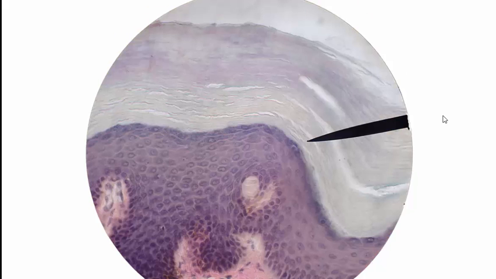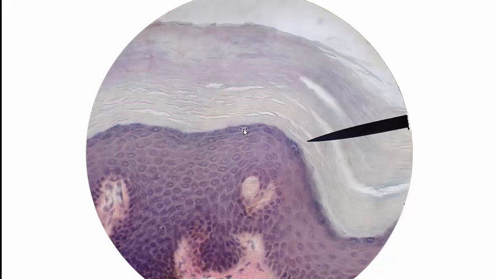Moving on to the next slide. This is another high magnification image, so kind of quickly I'll go through those 5 major layers of the epidermis. Stratum corneum, stratum lucidum, and this is a better picture even for stratum lucidum because you can see nicely that the stratum corneum is a bit darker, stratum lucidum is a bit more translucent.